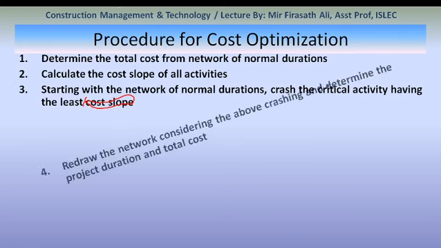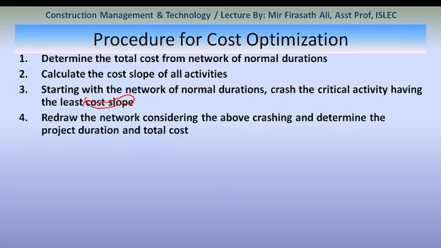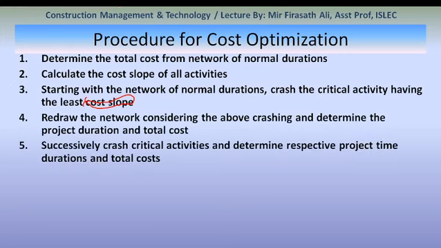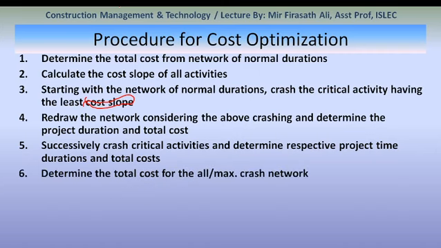The next step is to redraw the network considering the above crashing and determine the project duration and total cost. Fifth step, successively crash critical activities and determine respective project durations and total cost. The next, determine the total cost for the maximum crash network.